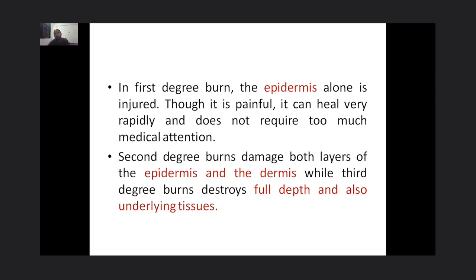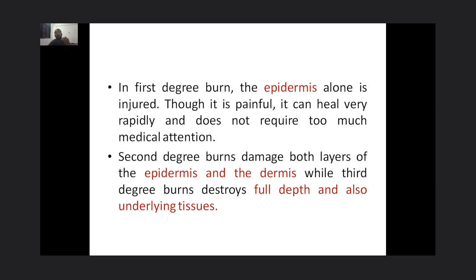So usually when you touch some hot device or any instrument which is too hot, then suddenly you will get a reddish or blackish mark. That means only the epidermis has been burnt. That is the first degree burn.